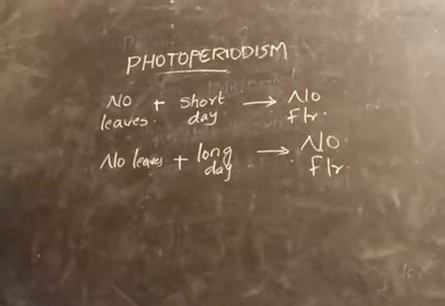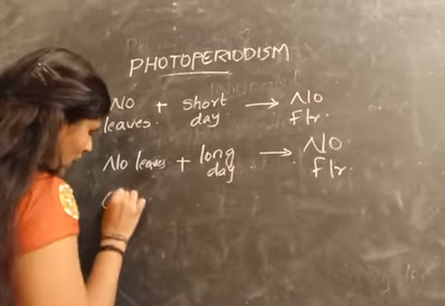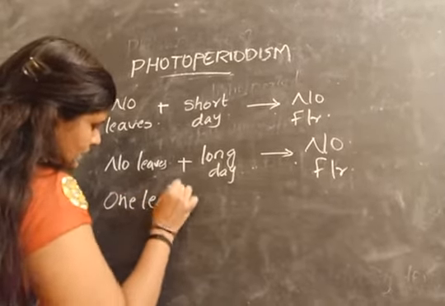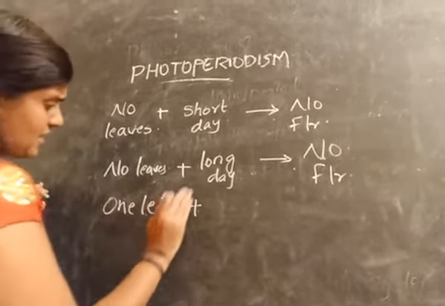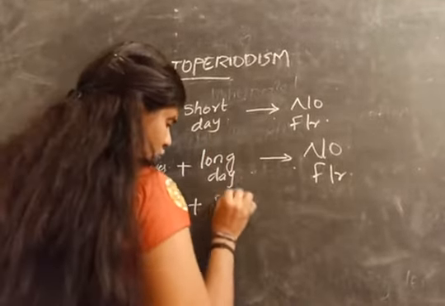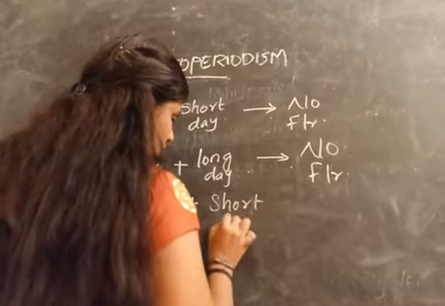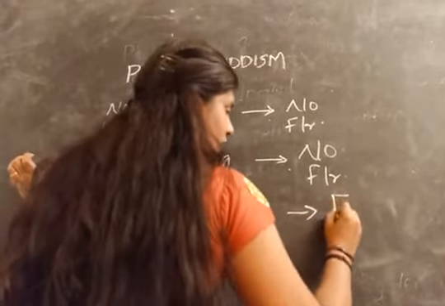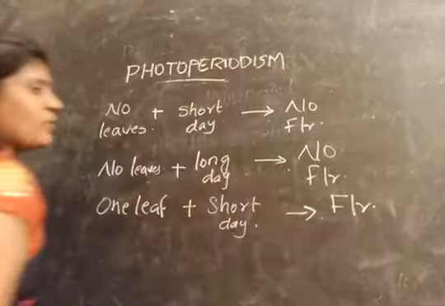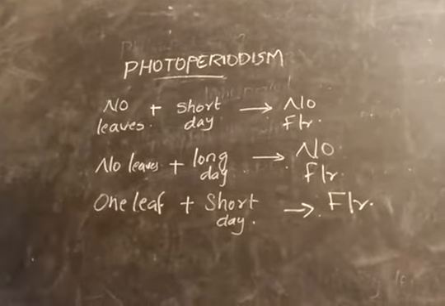Then they kept only one leaf on the plant and gave short day condition. Flowering occurs.